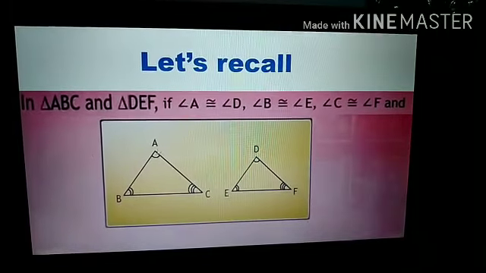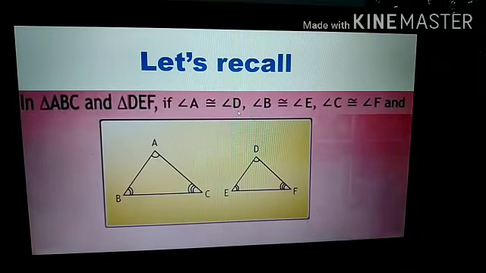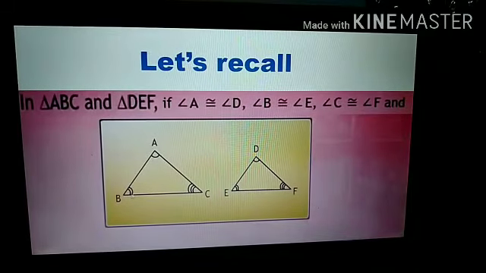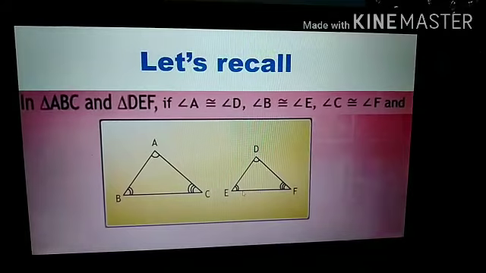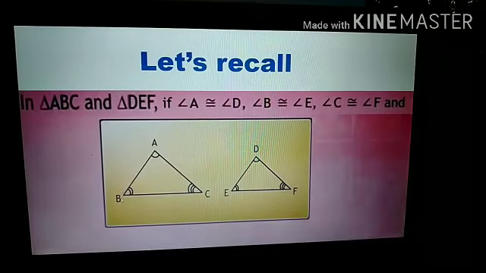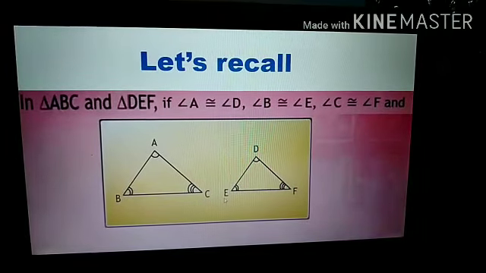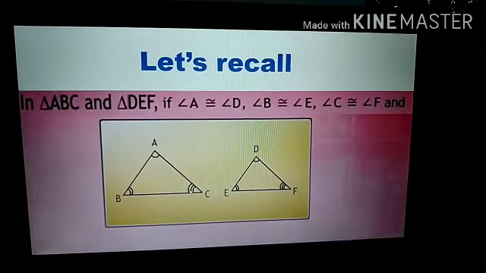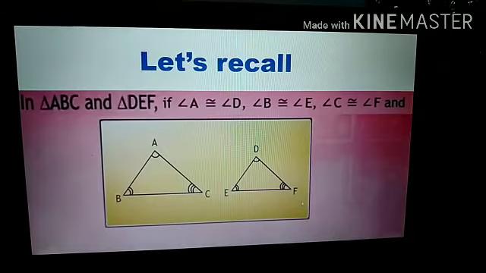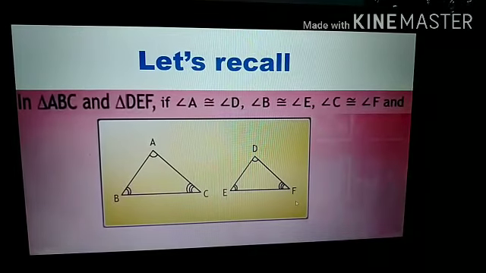We can say angle A is congruent to angle D. Angle B has two curve marks, and angle E also has two curve marks, so angle B is congruent to angle E. Angle C has three curve marks and angle F also has three curve marks, so angle C is congruent to angle F.